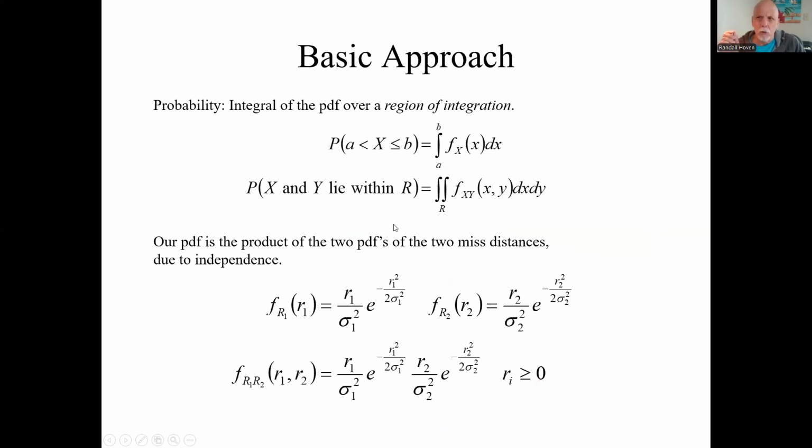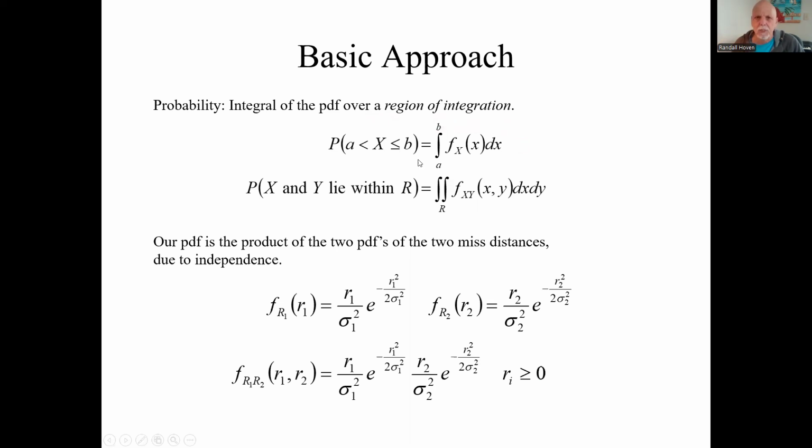In general, how do you go about such problems? We're looking for a probability. If you have a probability density function, if you integrate the PDF over a region of integration, that's the probability of your random variables being in that region.